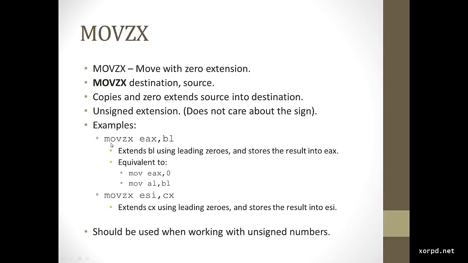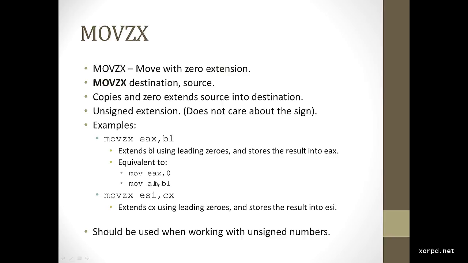For example, move zero extension, EAX, BL. This instruction extends BL using leading zeros and stores the result into EAX. This is actually equivalent to first zeroing EAX and then moving BL to the lowest part of EAX, which is AL.